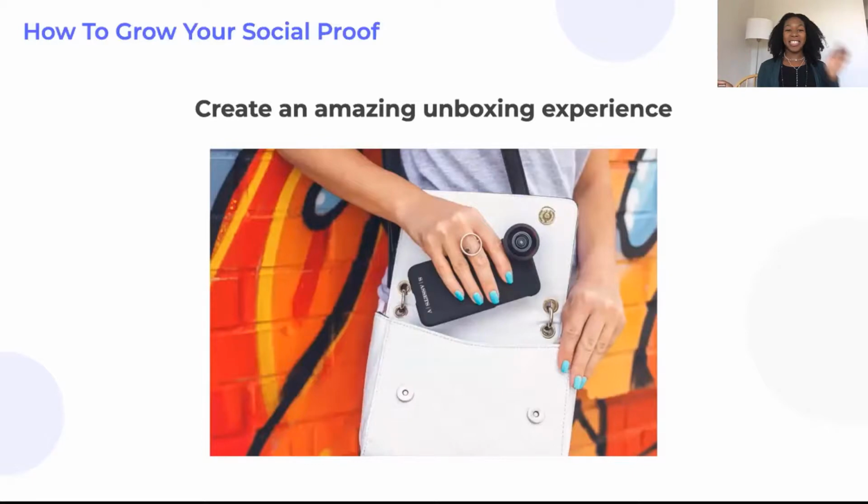So here's the first way to get social proof: create an amazing unboxing experience. I do know in the first session, the lady who does Margot was talking about how branding had really taken over the experience. But even if you do decide to use sustainable packaging, you can definitely make that part of the experience. Her customers are really interested in sustainability and also style. So creating an unboxing experience that matches your brand and what your customers are looking for is really important.